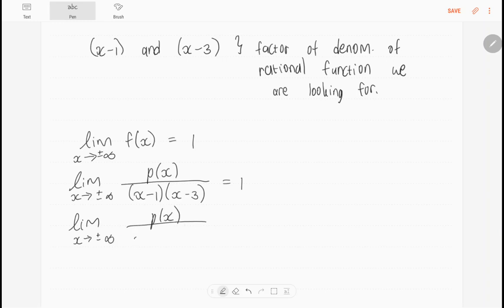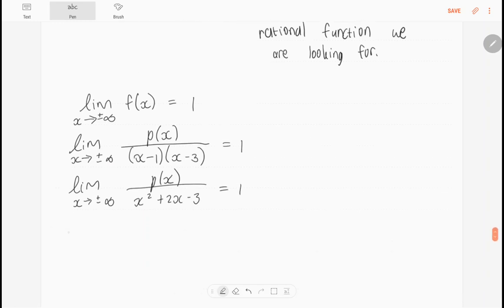So we have x squared plus 2x minus 3. And now I'm going to divide my numerator and my denominator by the highest power in my denominator. So I get p of x over x squared over 1 plus 2 over x minus 3 over x squared.